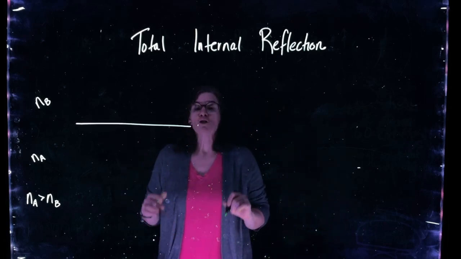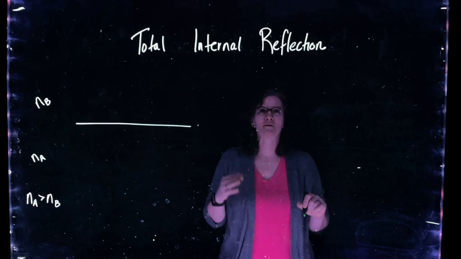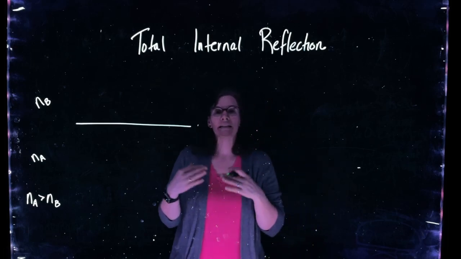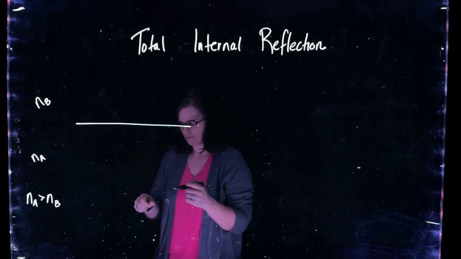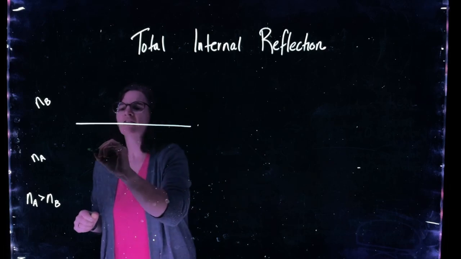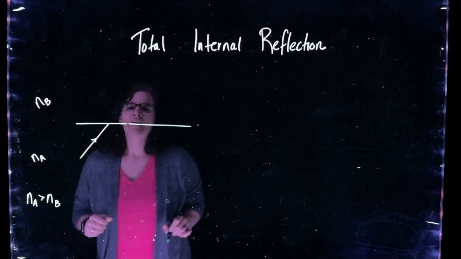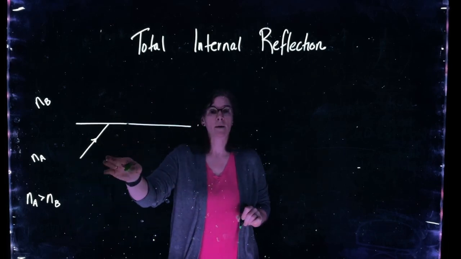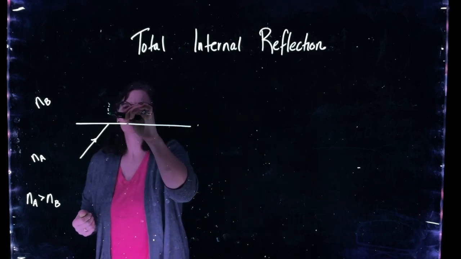All right? So we know, because the index of refraction of A is greater than the index of refraction of B, that the light that goes from A to B is going to refract in a certain way. So let's look at how it would refract. If I had a ray of light incident on this surface coming from A going to B, I would of course draw my normal.